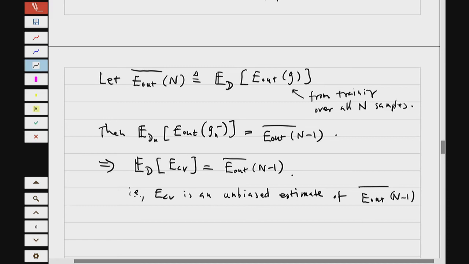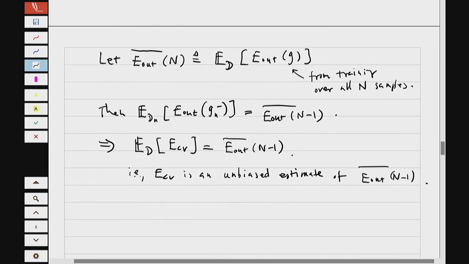But it doesn't matter, in big data n minus 1 and n are pretty much the same thing. It doesn't make any difference, which is very nice. So we know that the cross-validation error is a good measure to use, because it's an unbiased estimate of a test error. Now the question is, is it still consistent?